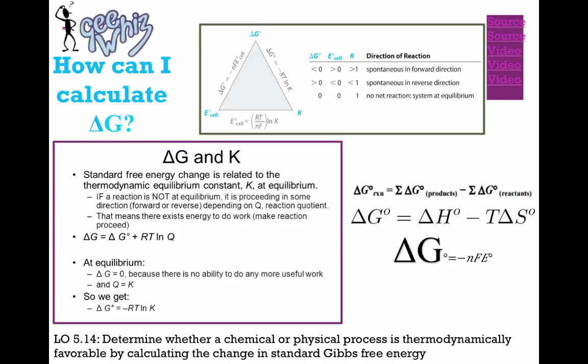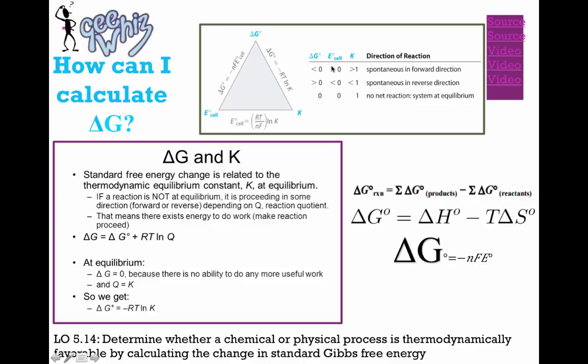So how can you calculate delta G? There are 3 different ways, and all 3 ways are shown here. Actually, there's 4 different ways. 3 of them are shown here, and you have this little triangle up here which shows the fourth equation right here. And this little table right here actually is pretty useful because it compares delta G to E naught of the cell to K. And so if your delta G is negative, that means something is spontaneous.